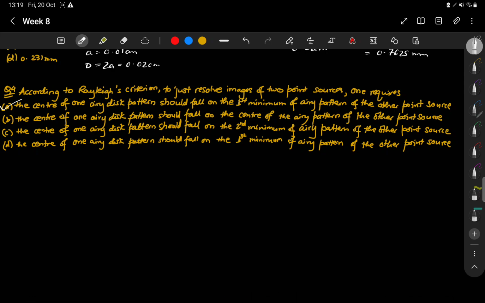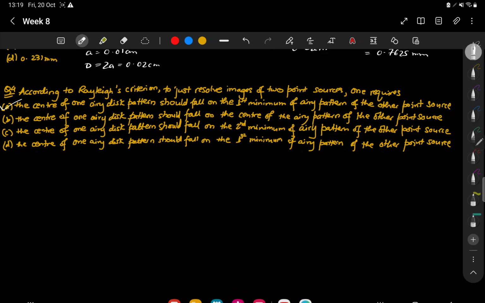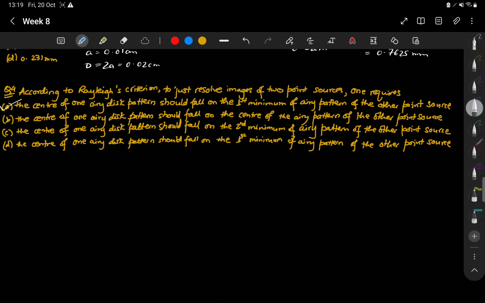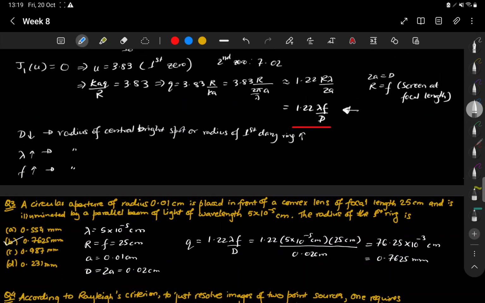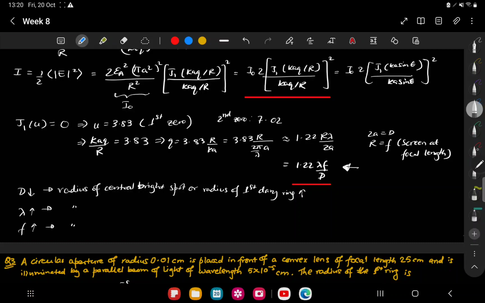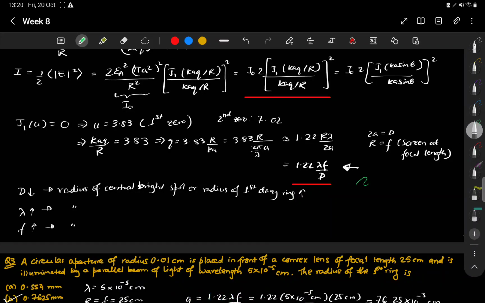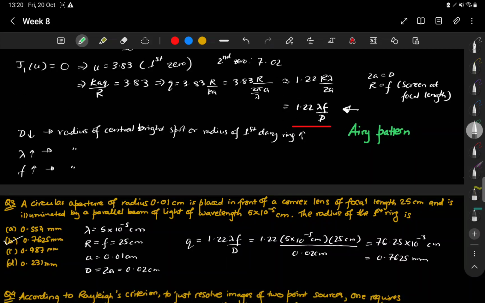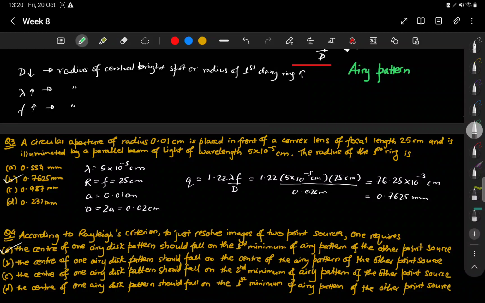So let me try and draw the Airy pattern. For those of you who are confused, the Airy pattern is nothing but the diffraction pattern of a circular aperture. How does this pattern look? It is like circular regions.